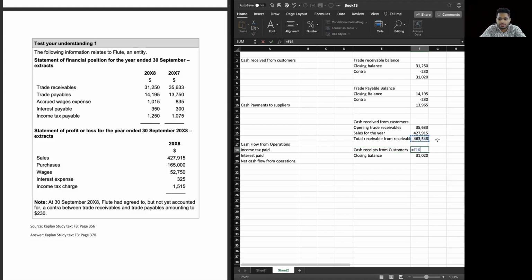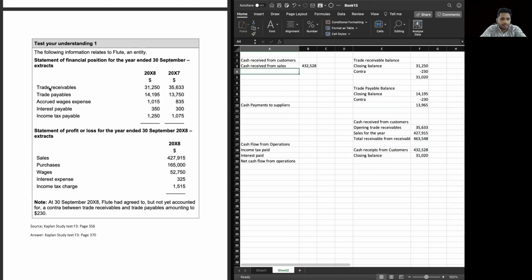So 463,548 minus 31,020, 432,528 is going to be your cash receipts from customers. So cash received from sales is going to be 432,528.